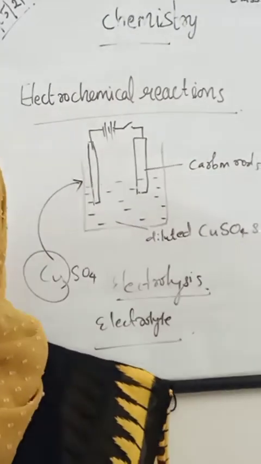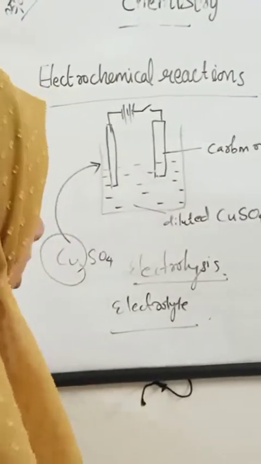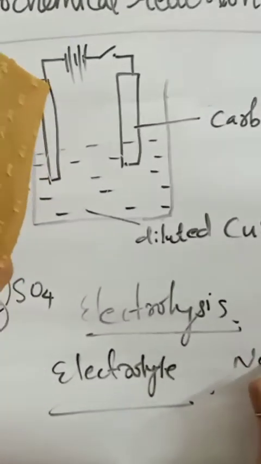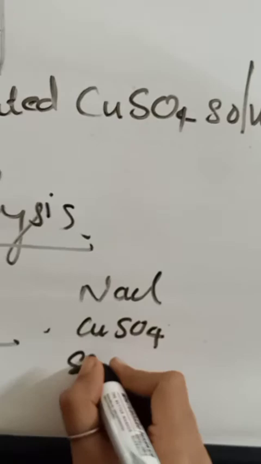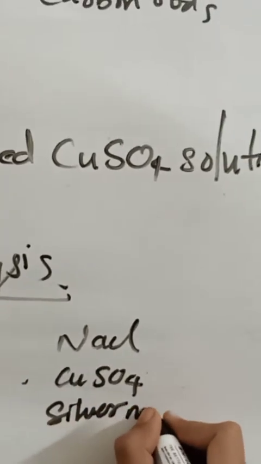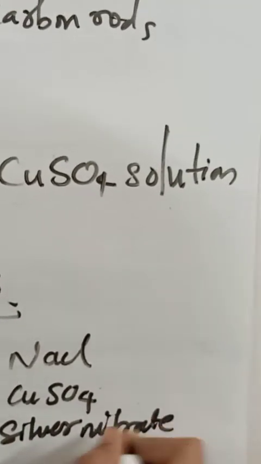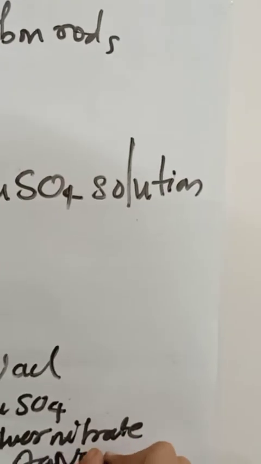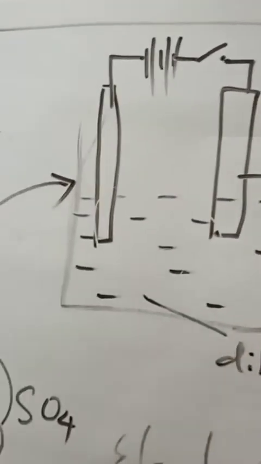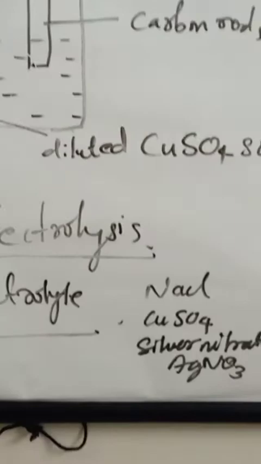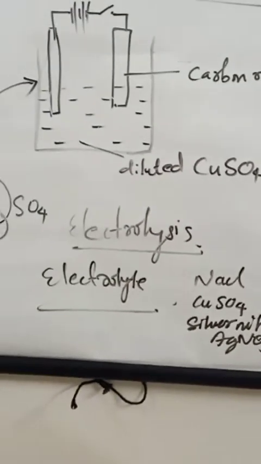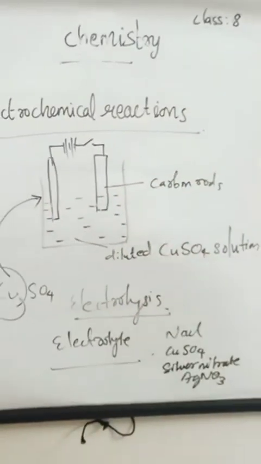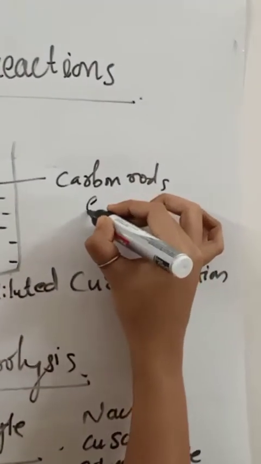Sodium chloride, copper sulfate, silver nitrate, AgNO3. These are the common electrolytes used for our electrolysis reactions. And the carbon rods are known as electrodes.